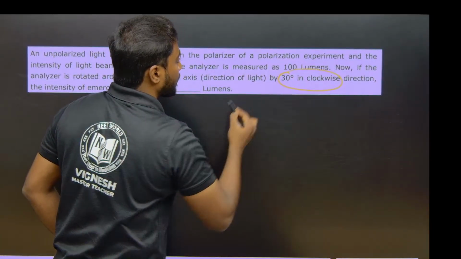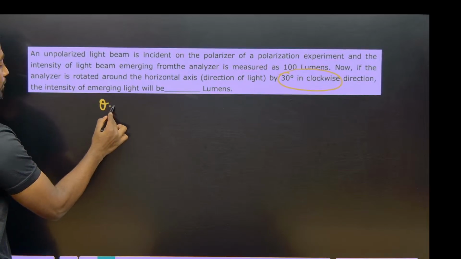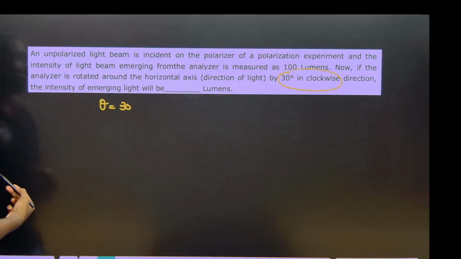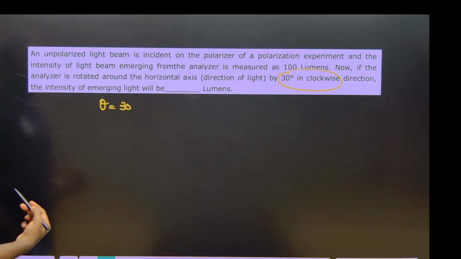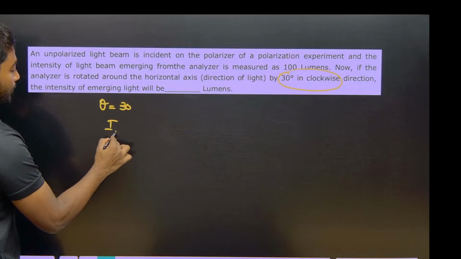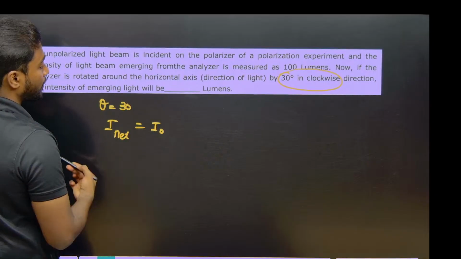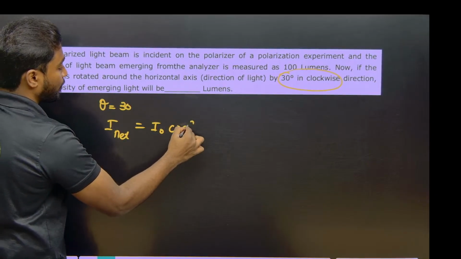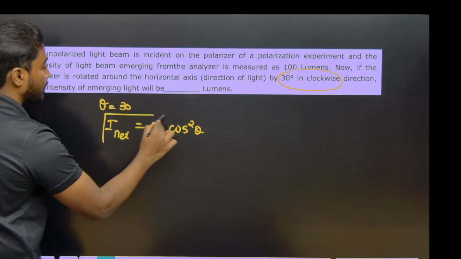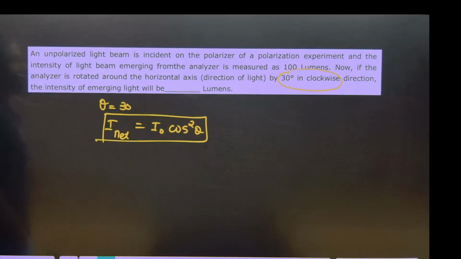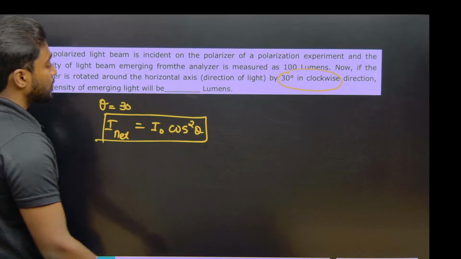What they have given is 30°, so theta is equal to 30. I need to get the intensity: I net is equal to I naught into cos square theta. This is the intensity formula.